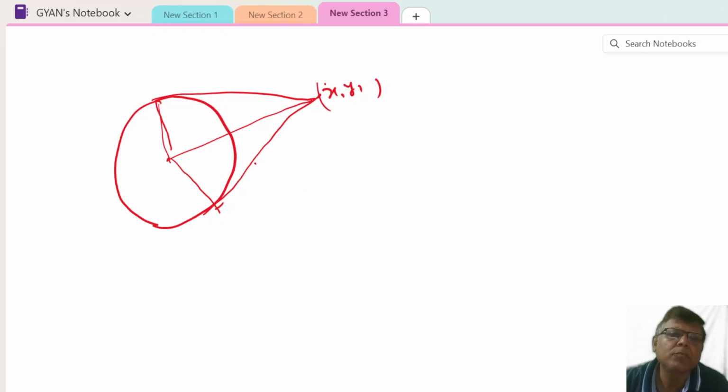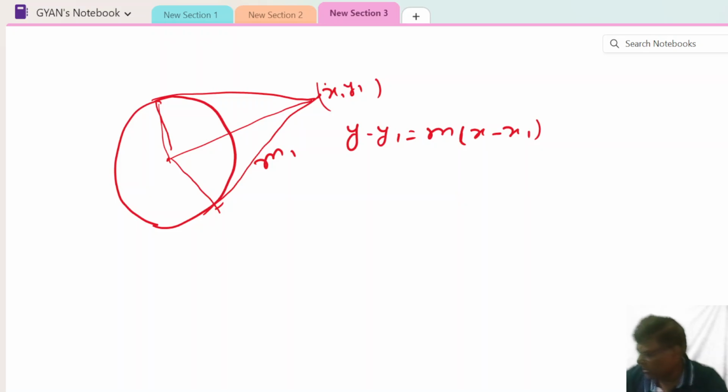Suppose the slope is m here. So what is the equation of this line? y minus y1 is equal to m into (x minus x1).